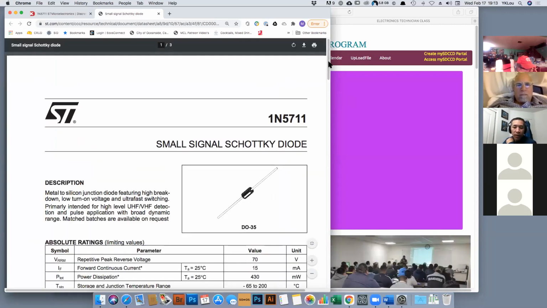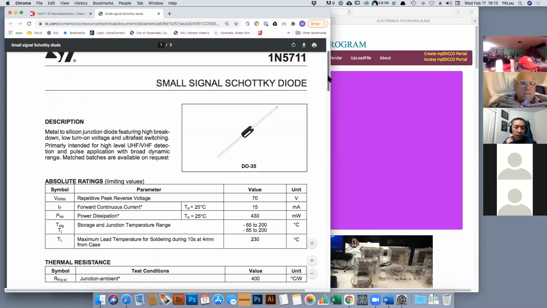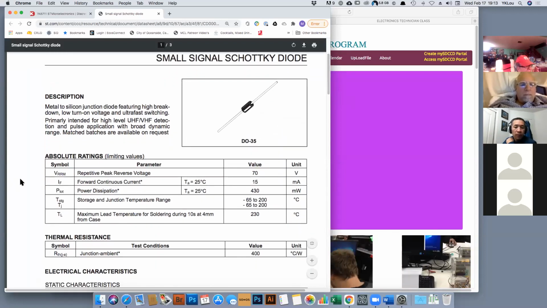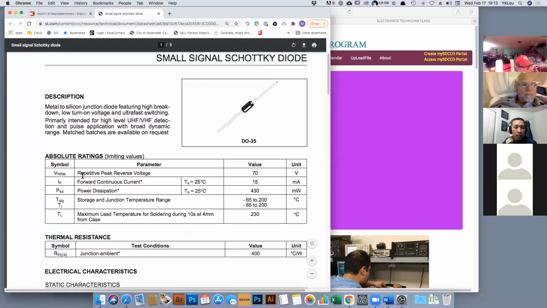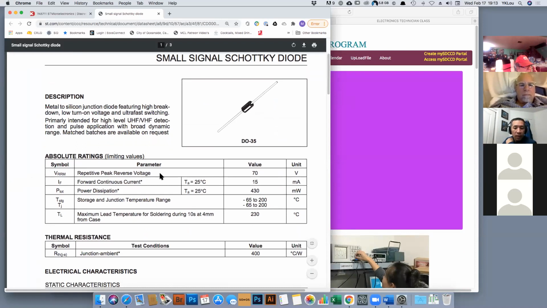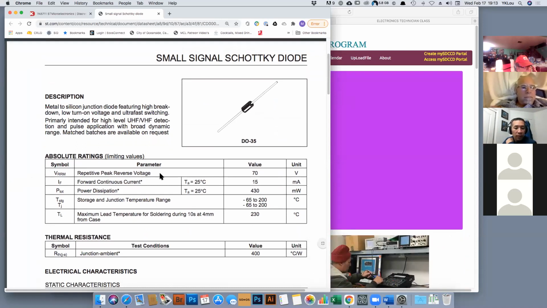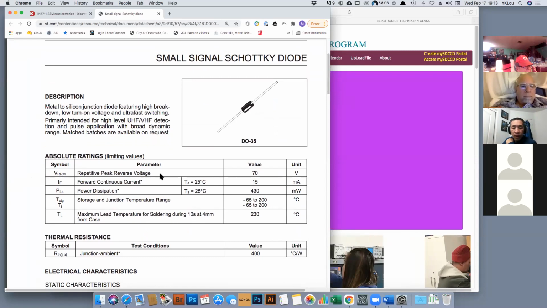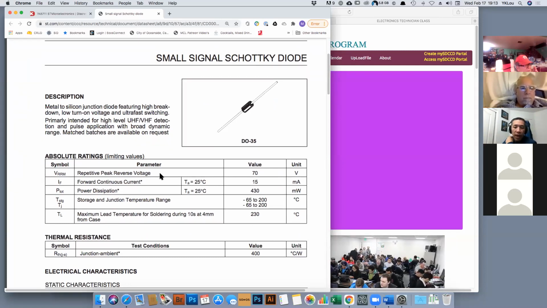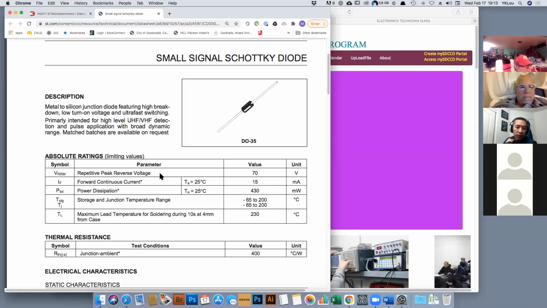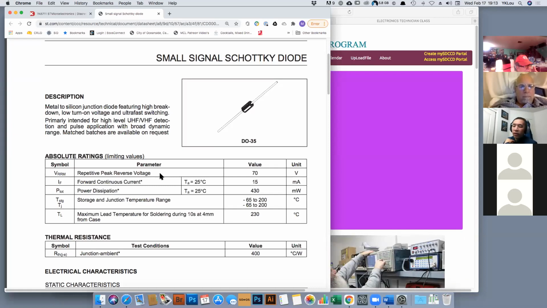You need to go up some for the absolute rating. There you go. So is that the standard voltage? Let me see. That's the rating for it. So that's a peak reverse voltage. Yeah, you can say that's the Zener voltage. Okay, that's all I need to know.